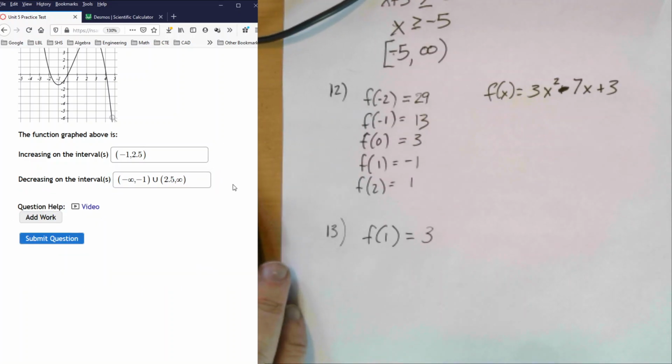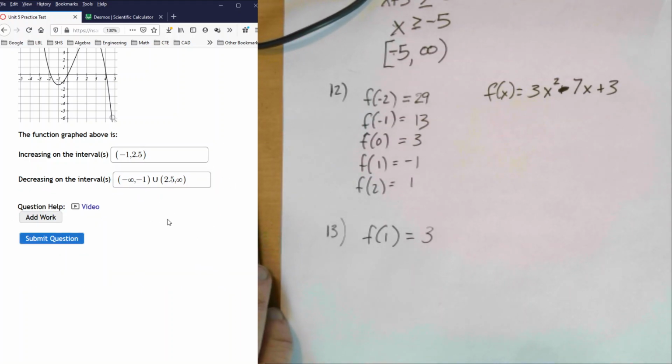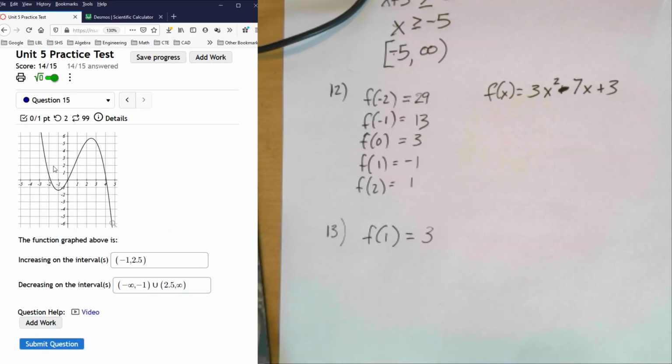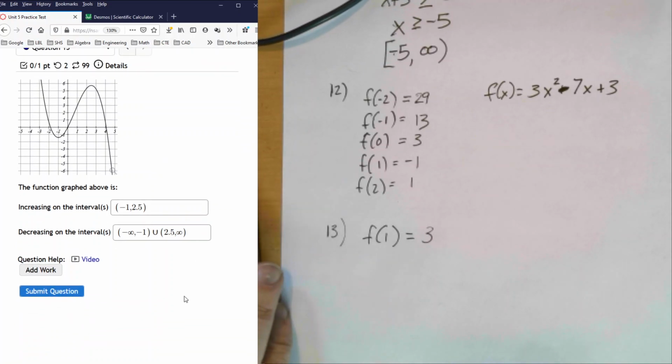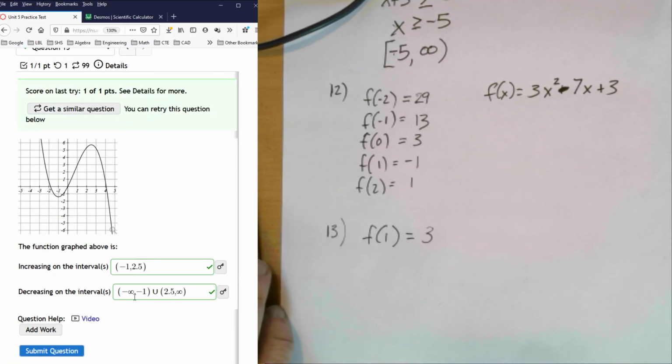I was still trying to figure out why they said that was invalid, and I just forgot my comma. So from -1 to 2.5, it's increasing. From -infinity to -1, it's decreasing. And at these points, -1 here and 2.5 here, it's neither increasing nor decreasing. These are the minimums and maximums, so those are the relative extrema. And I think if you put square brackets on those, it might mark those wrong.